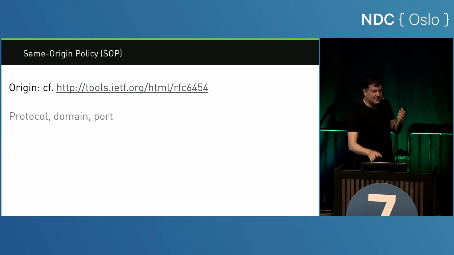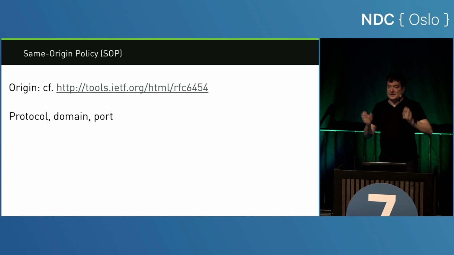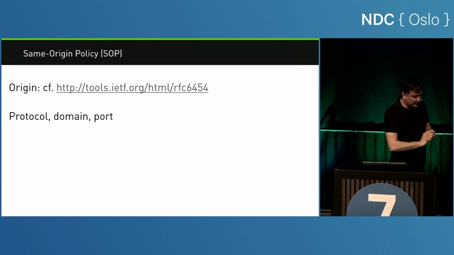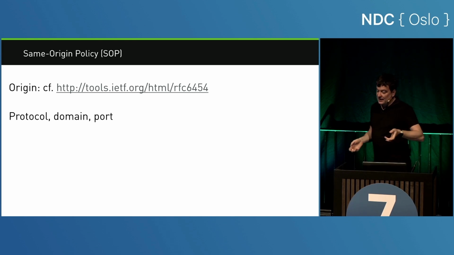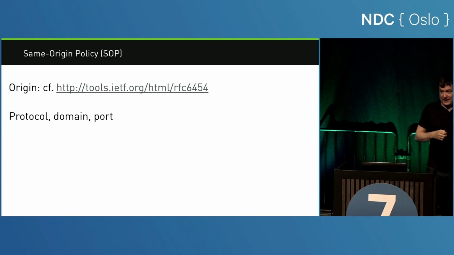Essentially, the same origin policy states that JavaScript code can only access things that have the same origin, as in the IETF definition. If you have an iframe on your page and its URL has the same origin as the outer URL, then JavaScript has access to that.